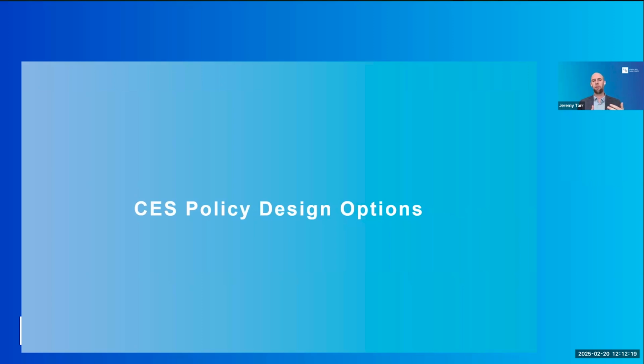When a state is considering a new CES or updating its CES, it encounters a number of decision points. And so this paper and our presentation here really identifies 12 of the key ones and names them, explains what they are, and then discusses options for the state.